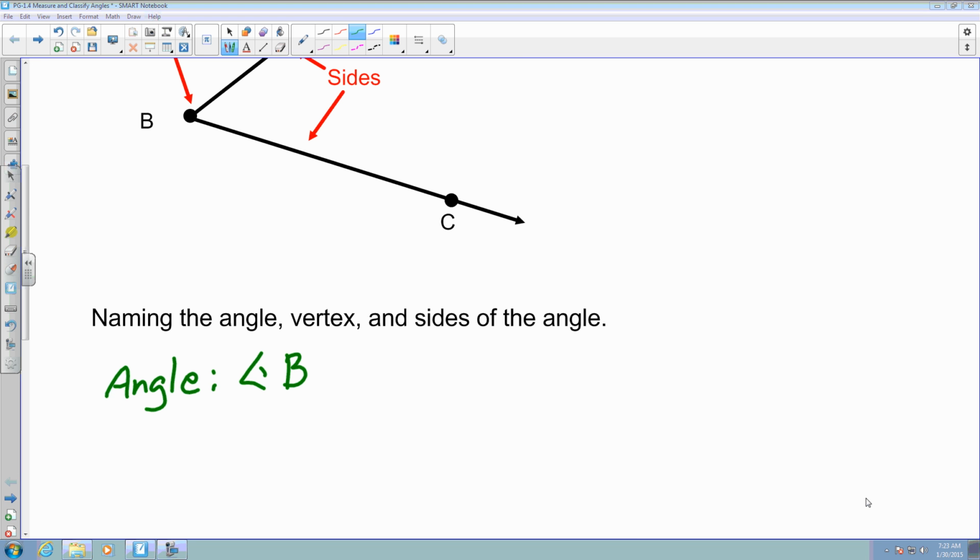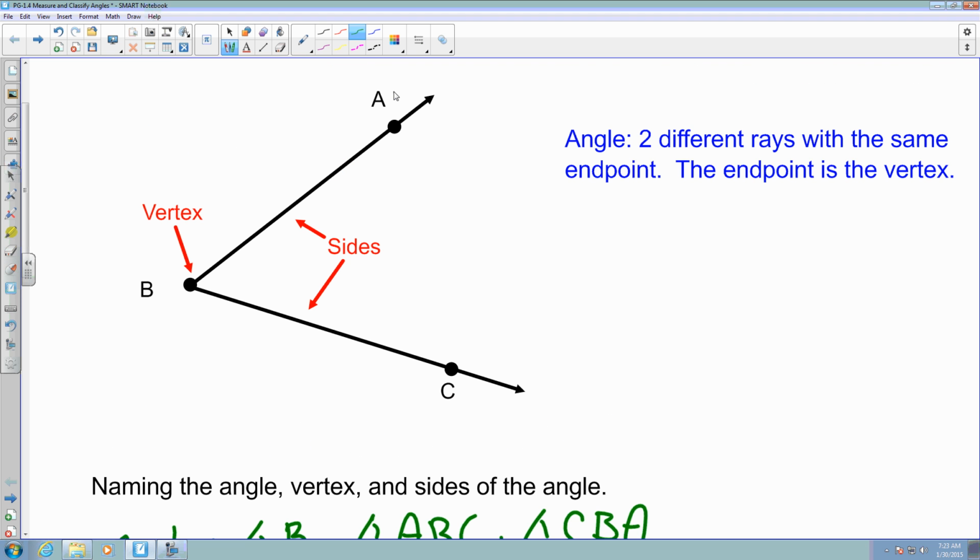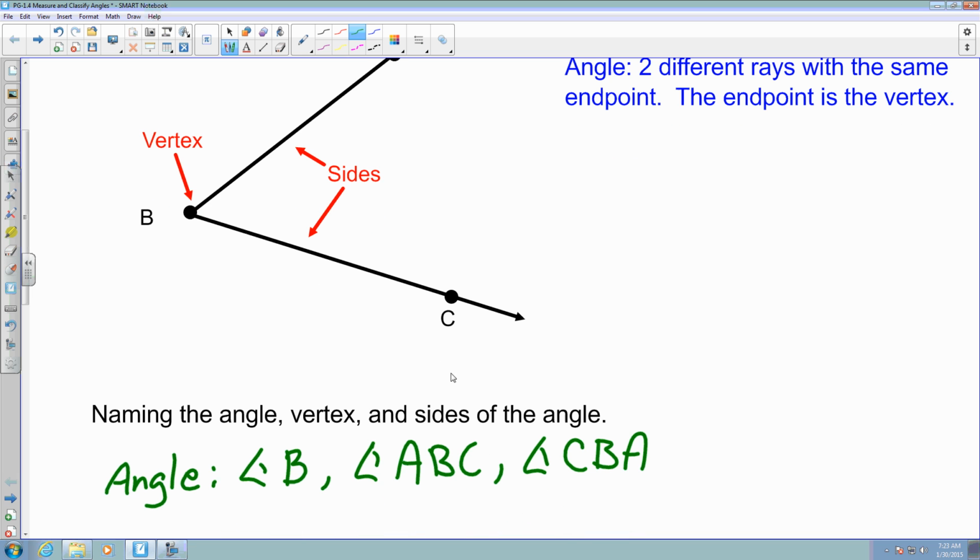And you can also name it angle ABC, and you could also name it angle CBA. Alright, because it doesn't matter which endpoint it starts with, but the most important thing is the vertex must be in the middle, must be the center letter.